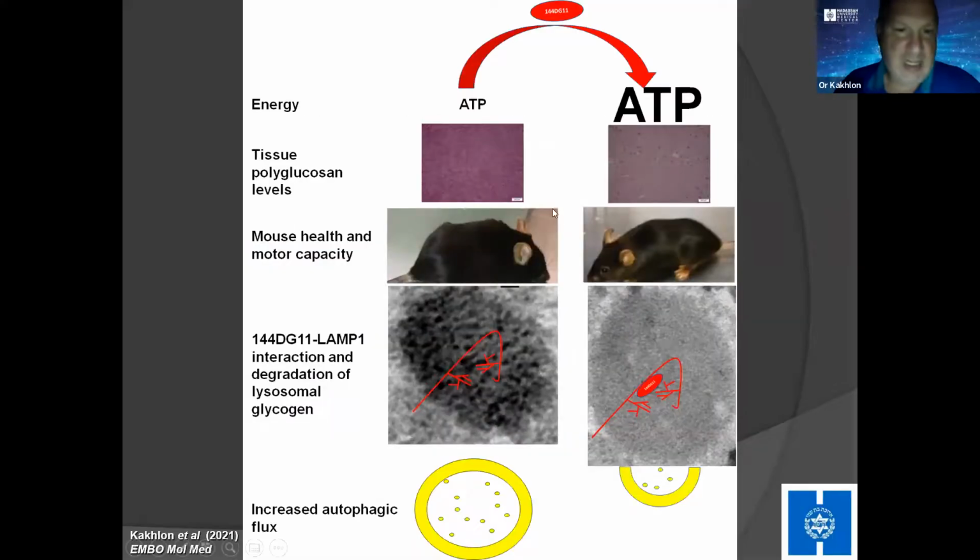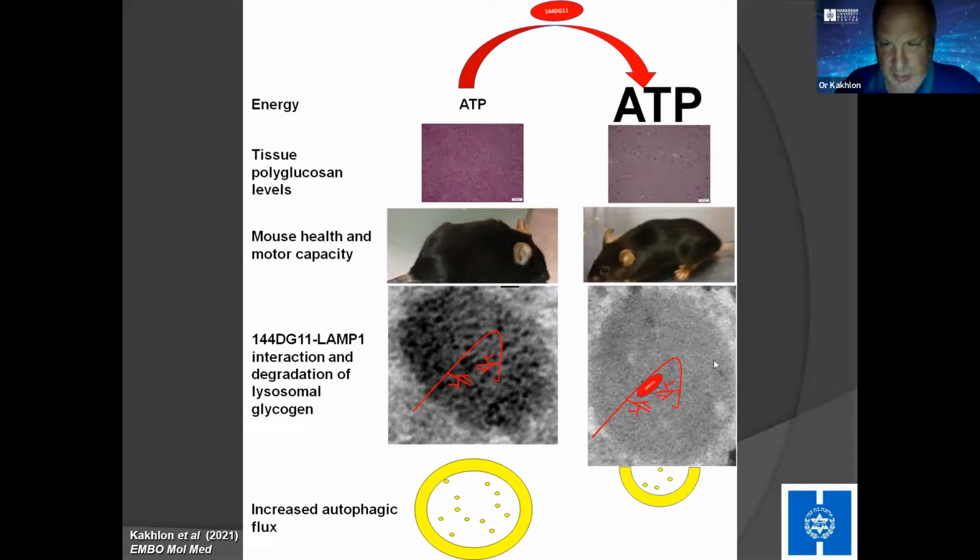So to summarize, what we show is that when you add compound A to cells, to animals, to patients, the effect is increased autophagic flux. You can see there's more fusion here. And here you can see that the binding of GHF201 to LAMP1 is shown in red, again in the affected organism compared to affected and treated.